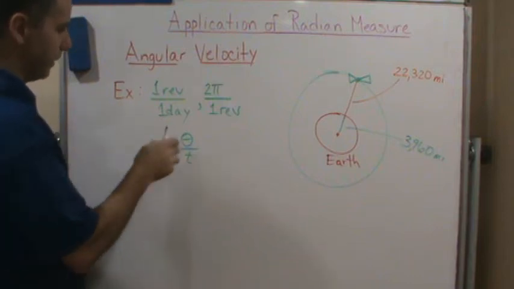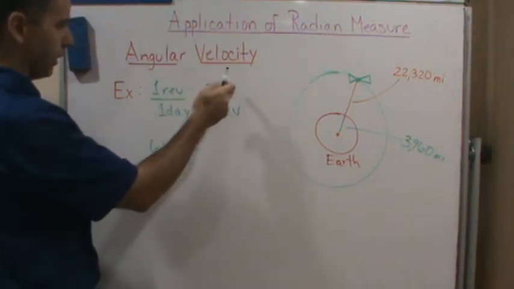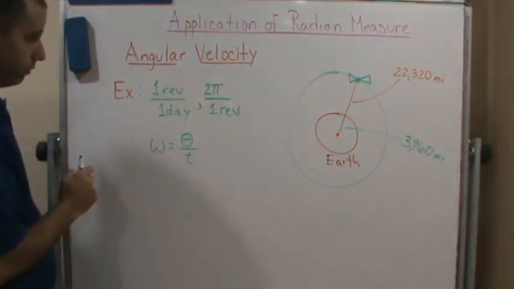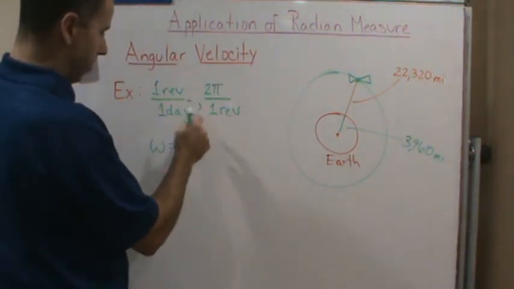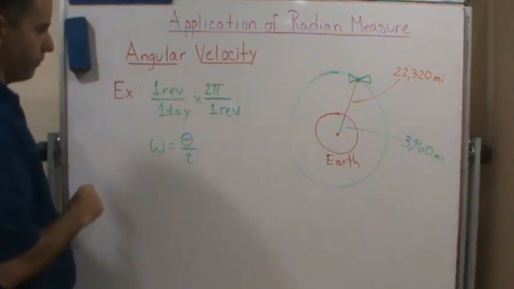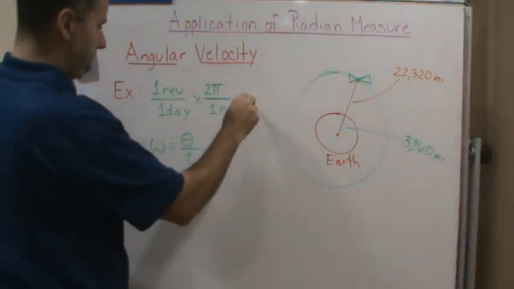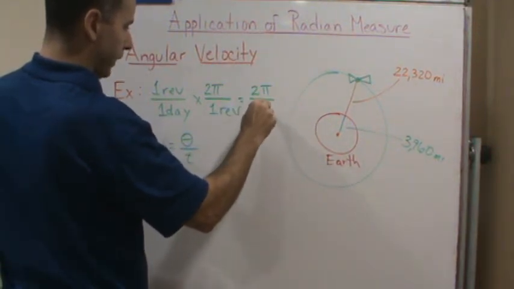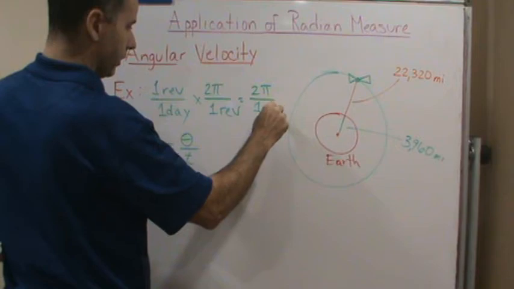So what does that mean? It means that if I want radians per day, I can multiply these together. And so that gives me 2 pi radians for each day.